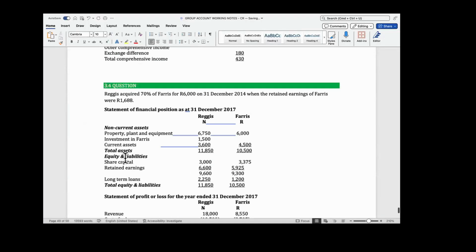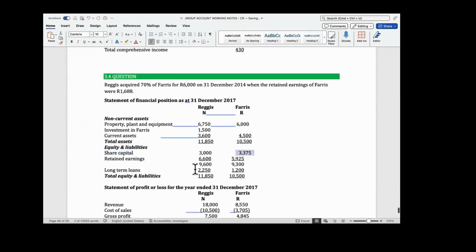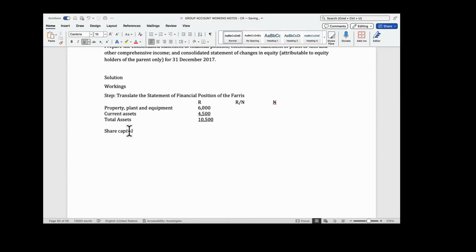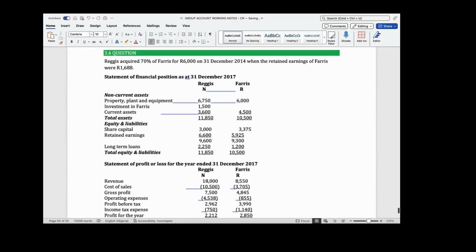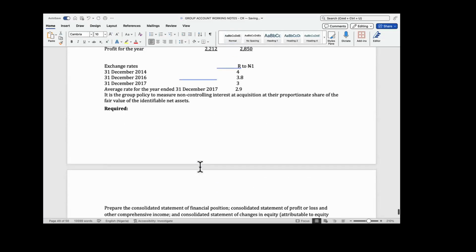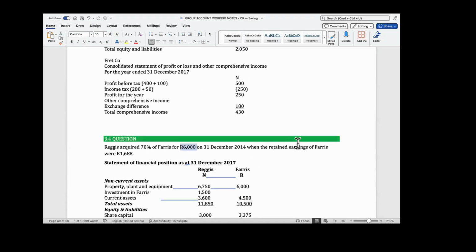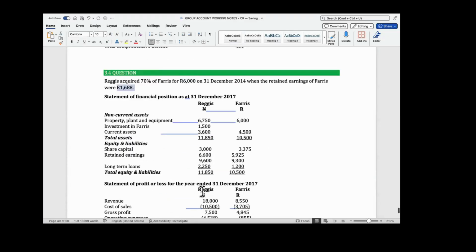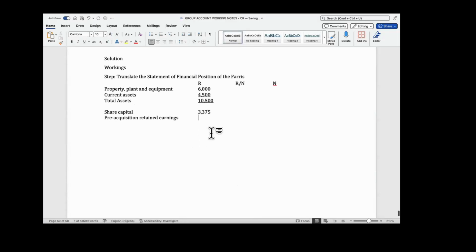Then our share capital, 3,375. There was pre-acquisition retained earnings, which was 1,688.